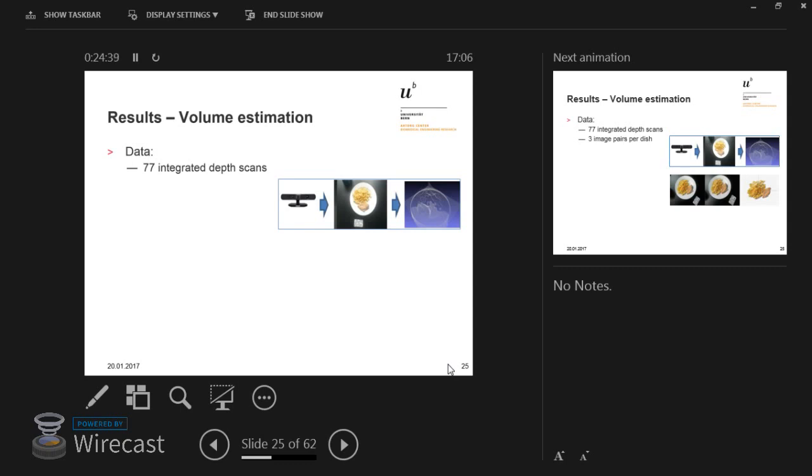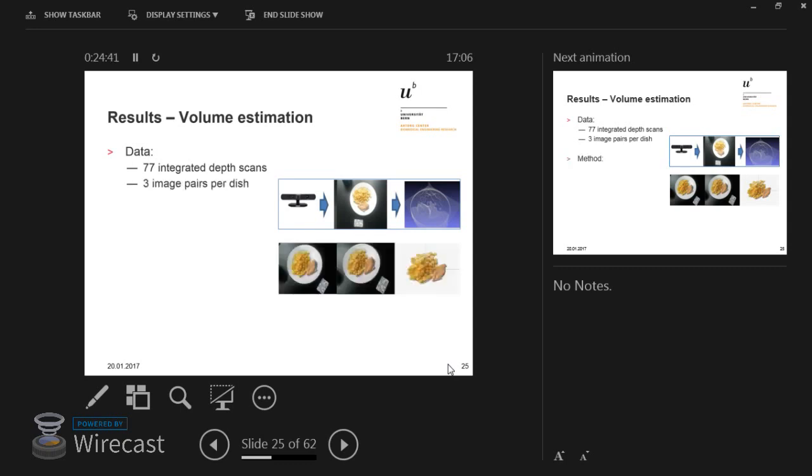And for each of these dishes, we also have to get the images from which we will test our software. So we take 3 image pairs per dish, and then to evaluate, we segment everything manually, extract the volume 8 times for each of the 3 image pairs for every single one of the 77 dishes, and we compare that to the ground truth obtained from the point cloud.